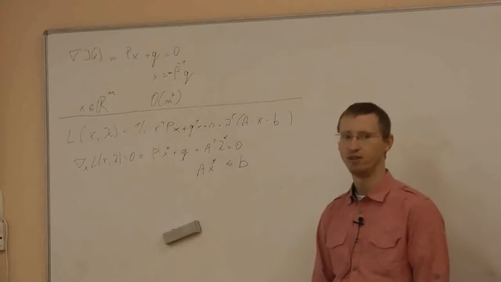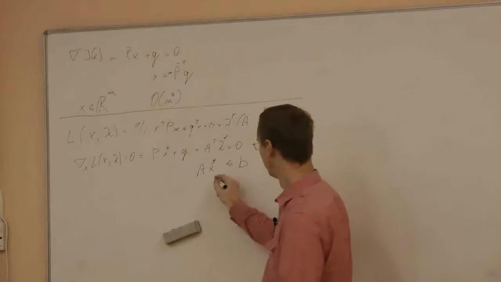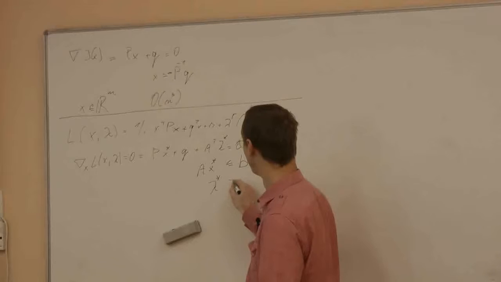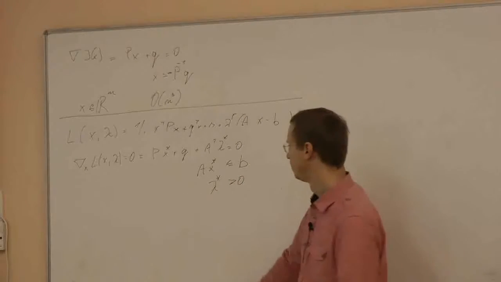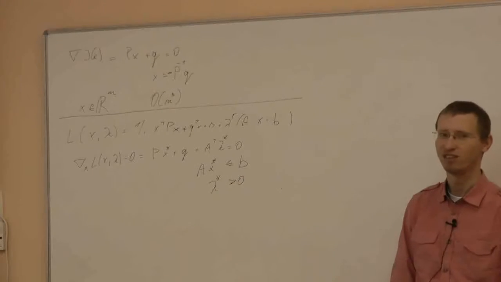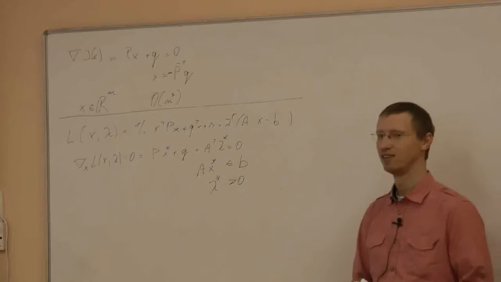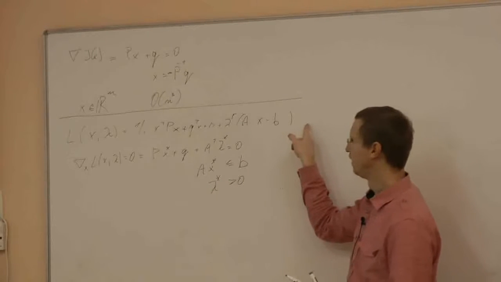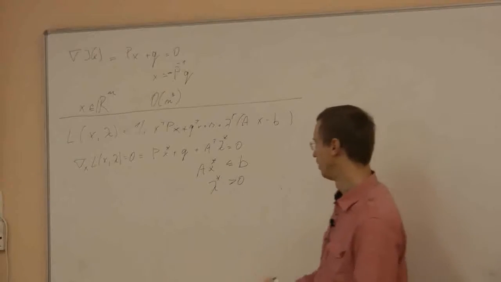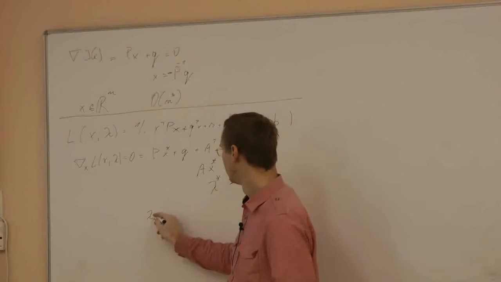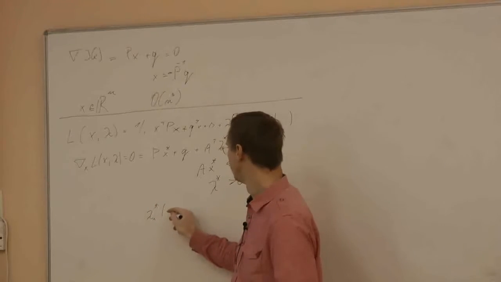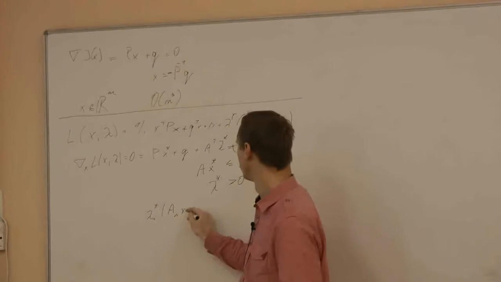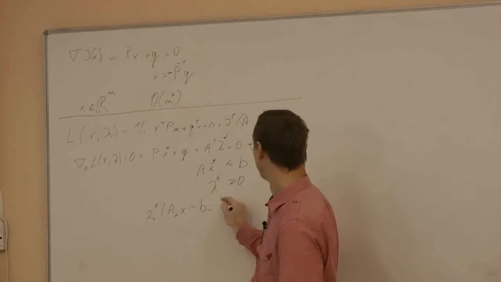Then we have dual feasibility. What was the condition? Those lambdas at the optimum must be larger than or equal to 0. And now comes the complementary slackness, this weird word. Each of these products must be equal to 0. That means at the optimum, the i-th optimal lambda times the i-th constraint must be equal to 0.